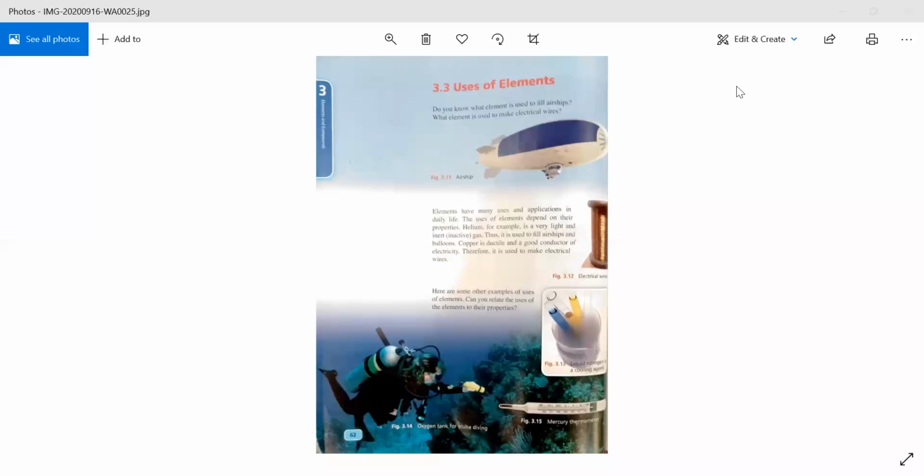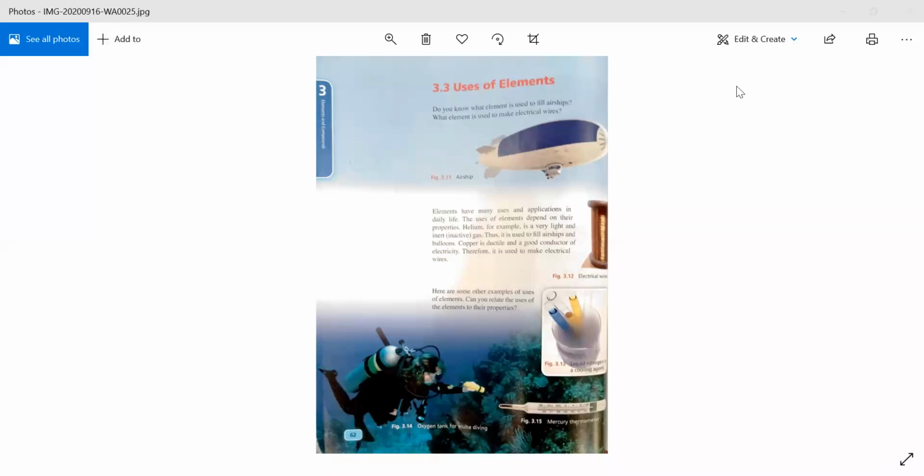Now, beta, we have already discussed in the previous class as well that elements have many uses. There are many advantages of using elements in our daily life, and the uses of elements basically depend on their properties. The properties of the elements will decide the use.